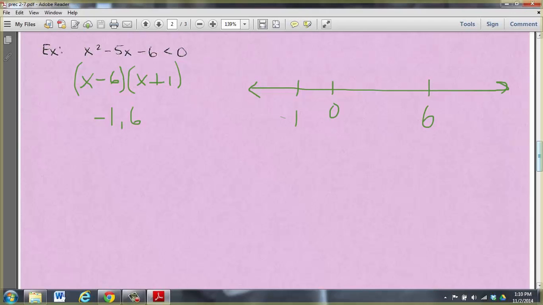And of course I want to know which interval works. So the numbers that I'm going to test are going to be -2, 0, always a good one to try, and 7.